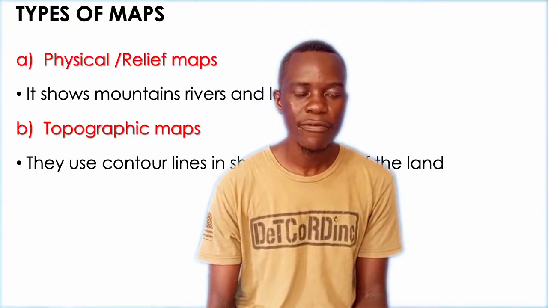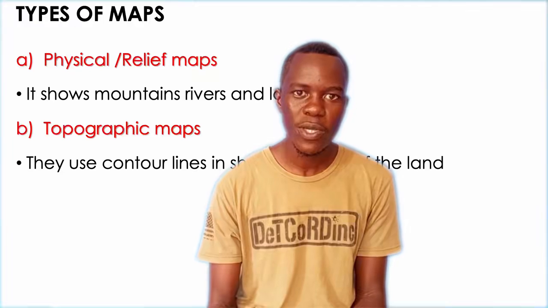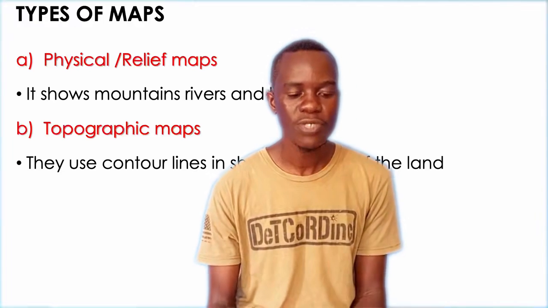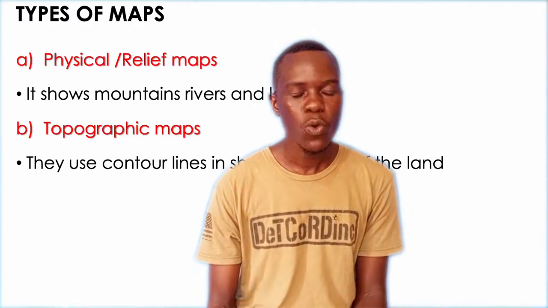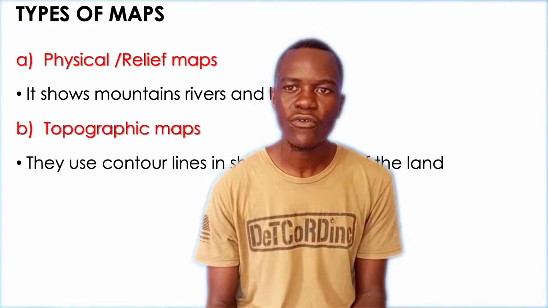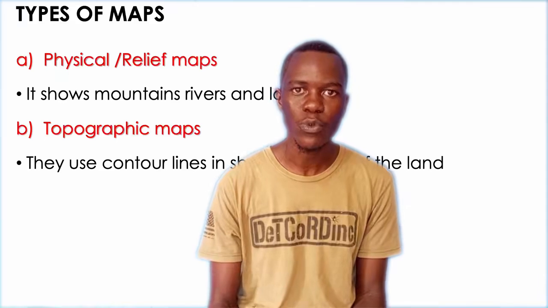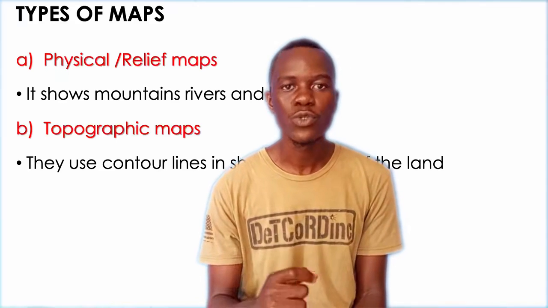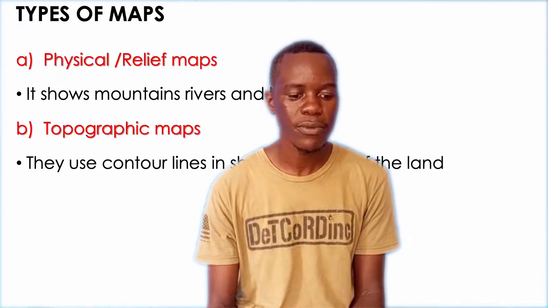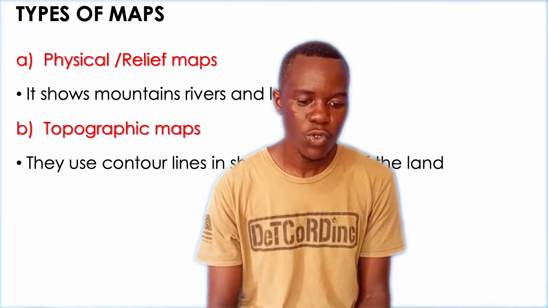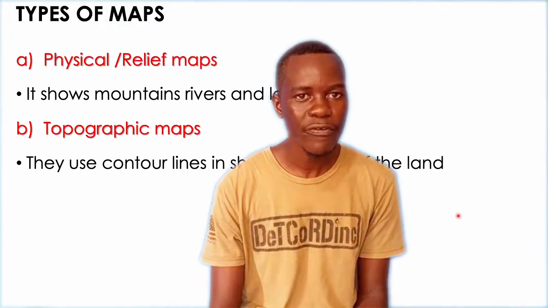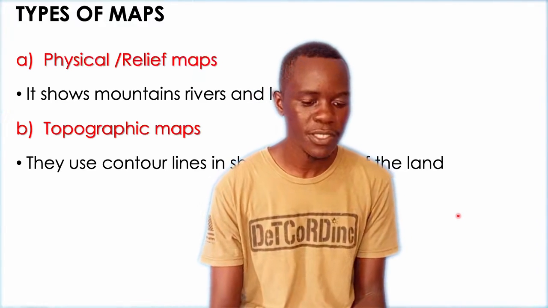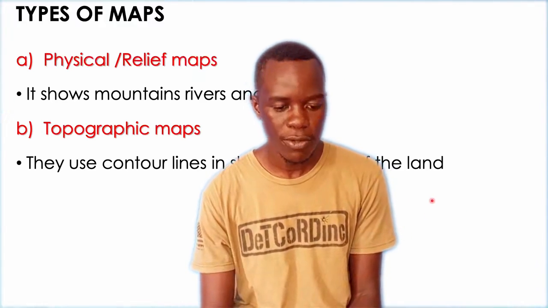So on a topographic map, you have the contours illustrating the physical features. On the contours, you do not have a clear picture of a map, but you have the contours which show the physical features. So different physical features on a topographic map will be represented by the contour lines.